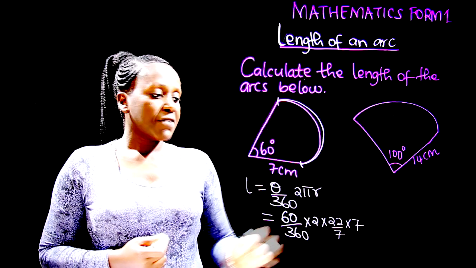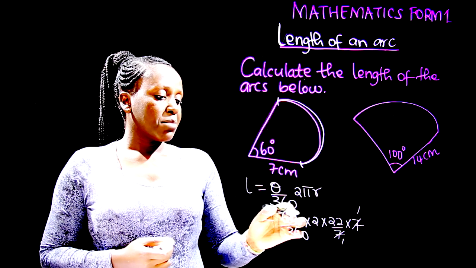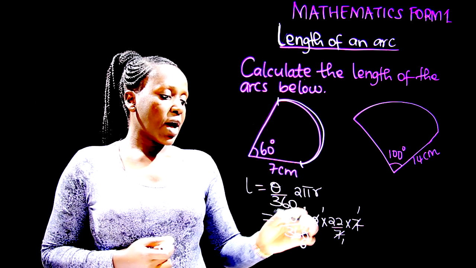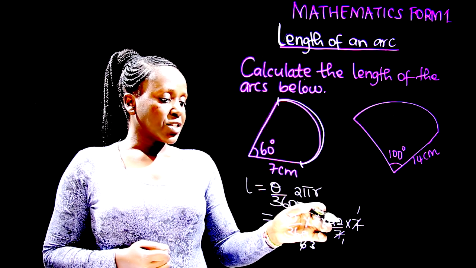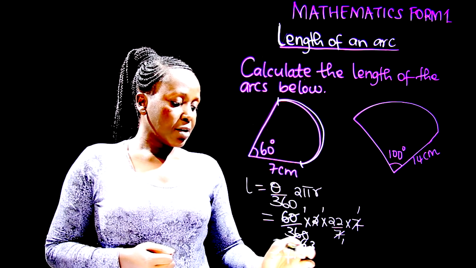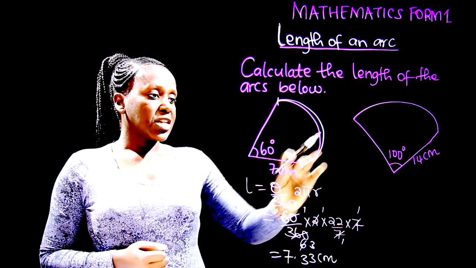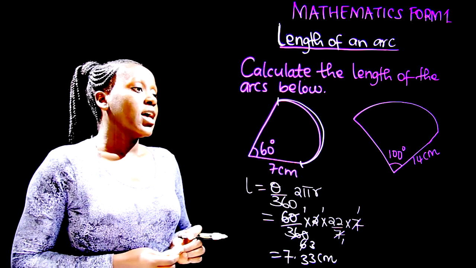So we can simplify: by 7, 1 by 7, 1; by 6, 1 by 6, 6; by 2, 1 by 2, 3. So now we have 22 divided by 3, which is equal to 7.33 centimeters. So the length of this arc is 7.33 centimeters.